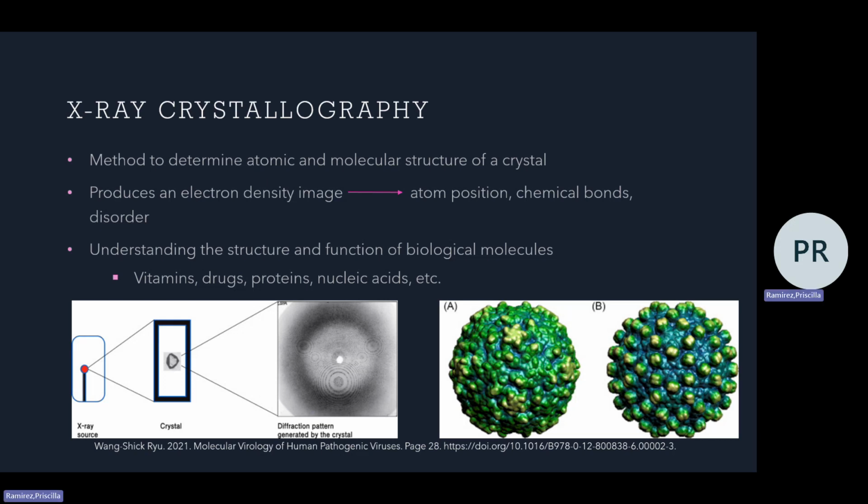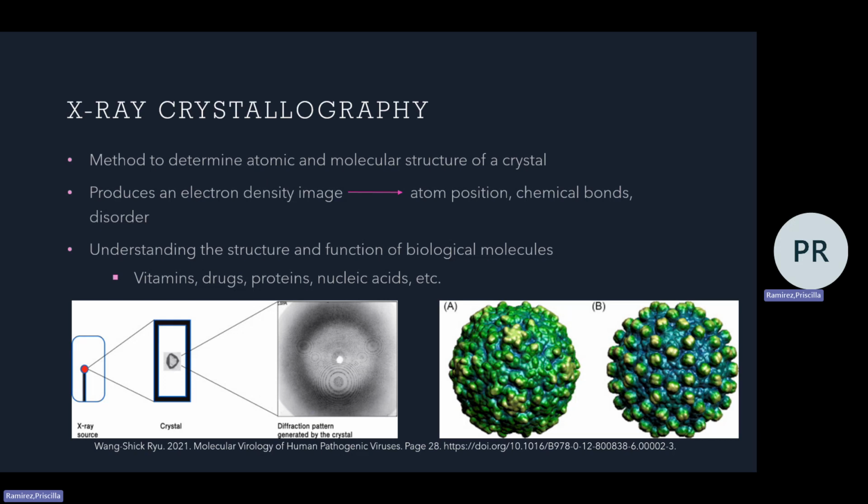Once it goes through X-ray crystallography, you want to get a 3D image of whatever you're trying to put through this. This is necessary because it helps to understand the structure and function of your biological molecule.